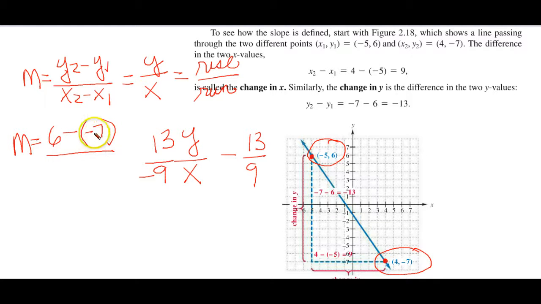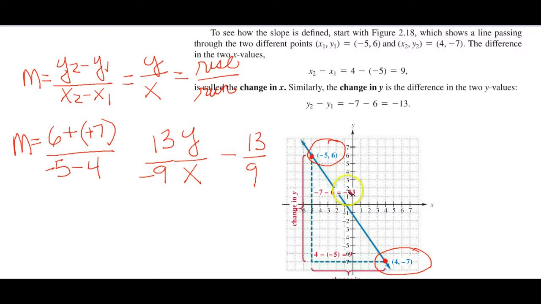So notice I had to use parentheses to protect my signs. And then now a negative 5 minus 4. Now notice what I get here. This is going to become a positive 13, and this is going to be a negative 9.